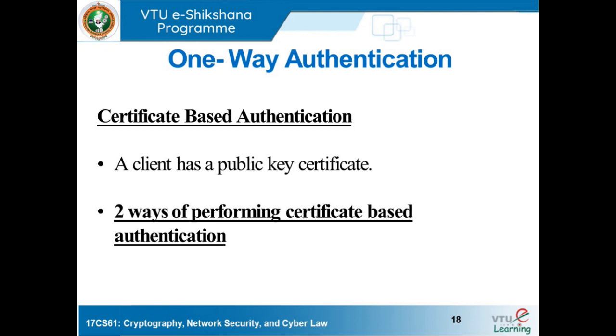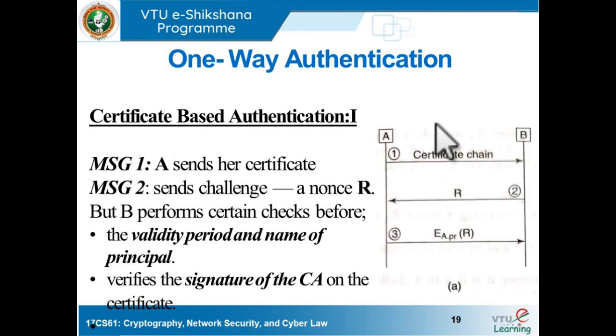Now let's check out what happens in certificate based authentication. In case of certificate based authentication, we have seen that the client will be using a public key certificate. Now there are again two ways of performing certificate based authentication. Let's check the first way of performing the certificate authentication.